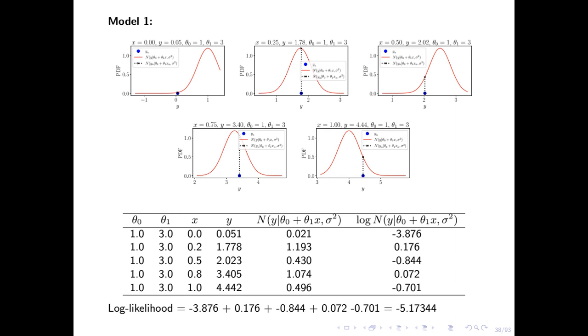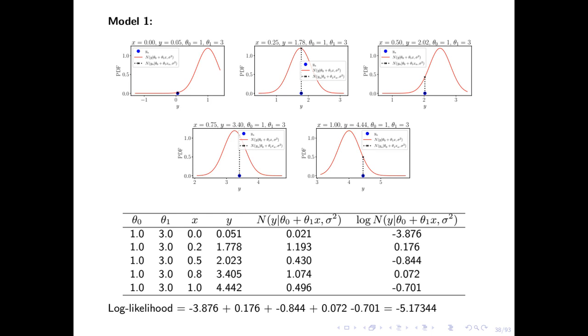just to further illustrate this process, the likelihood calculation process is: we have a model, and we calculate the height of the PDFs for that model at each data point. Okay, so these are the heights. You can see this height here is the height for this model with theta 0 and theta 1 equal to these values.